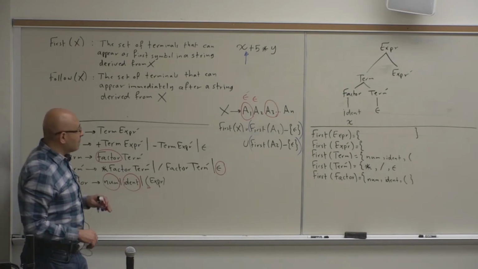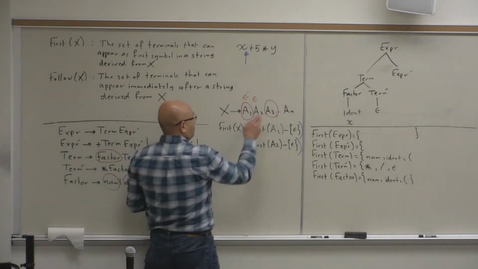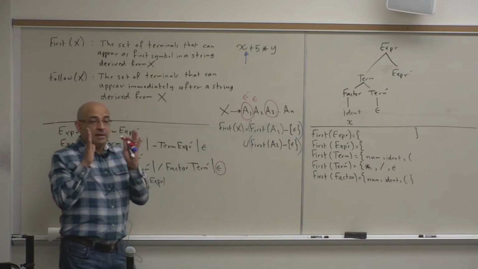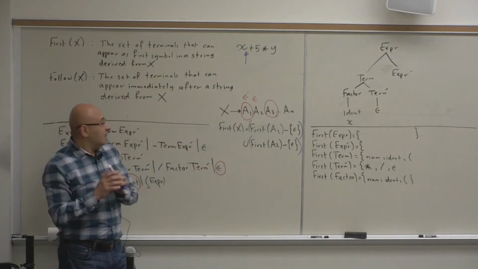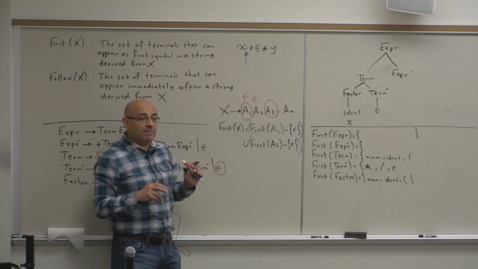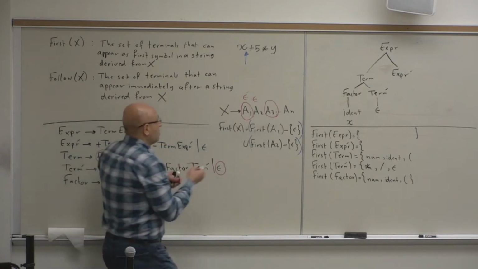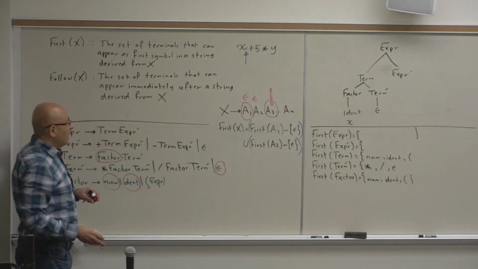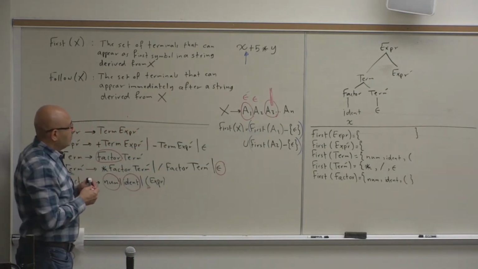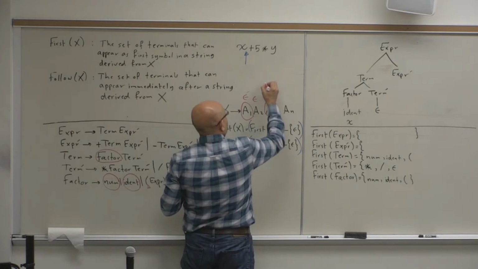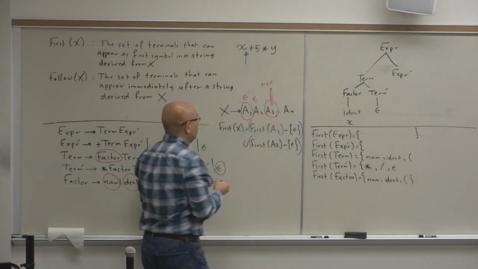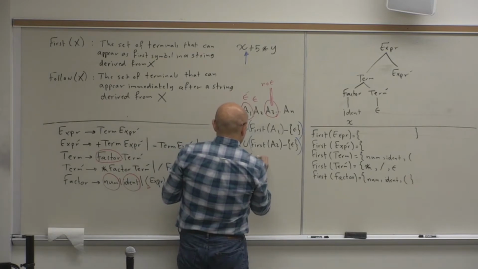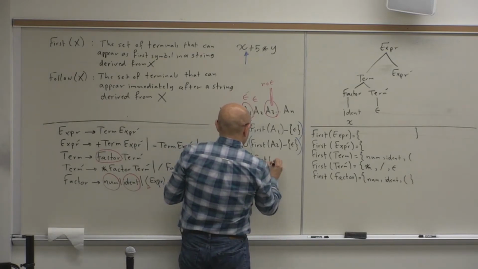When we reach something that doesn't start with an epsilon. So if A3 does not have epsilon in its first set, we stop here, and we just include union first of A3.